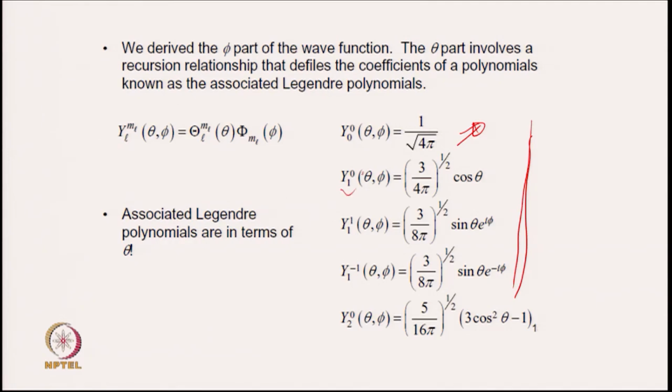Similarly, when J is equal to 1 and M is equal to 0, you will get this function. So, in some situations this is independent of theta for a particular value of J and M. Sometimes it is a function of theta, and sometimes it is a function of theta and phi.